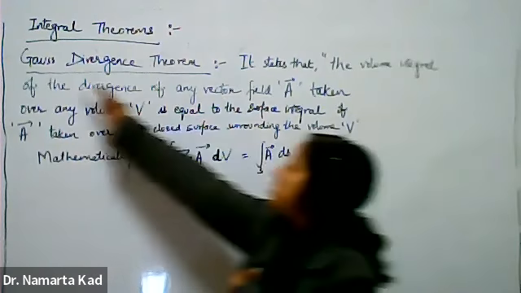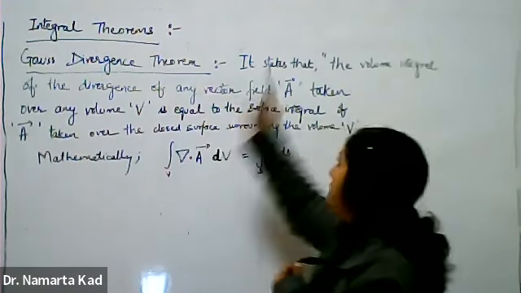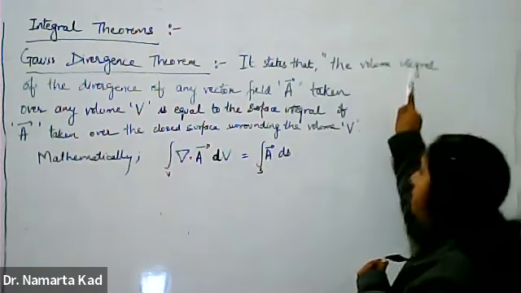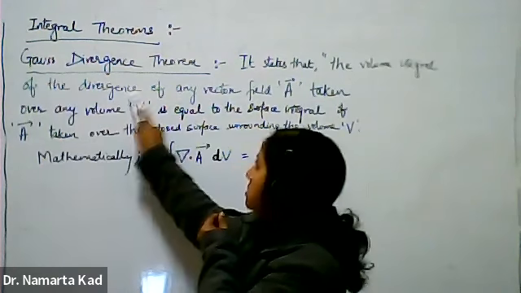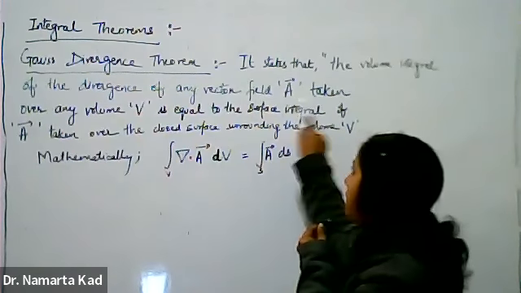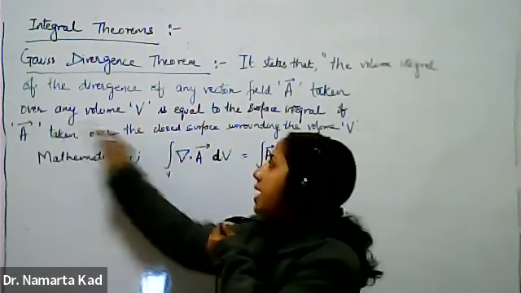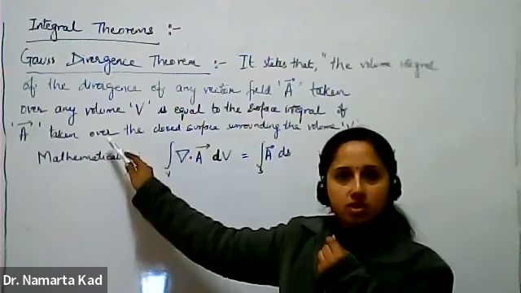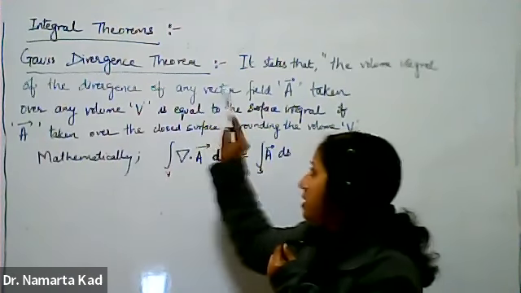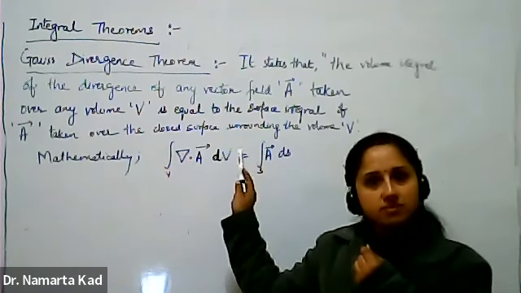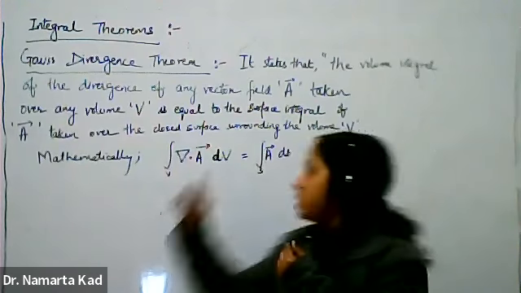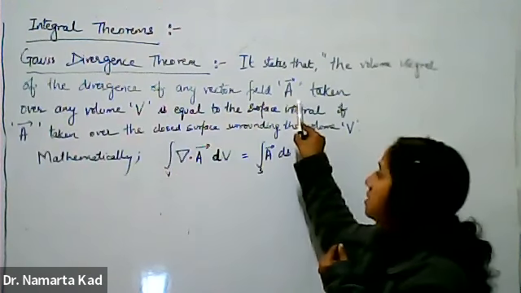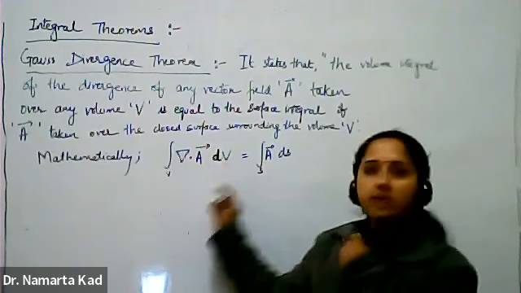So the Gauss Divergence Theorem states that the volume integral of the divergence of any vector field A taken over any volume V is equal to the surface integral of A vector taken over the closed surface surrounding the volume V. Read it carefully: firstly the divergence of A vector is taken and the volume integral of that divergence is done.